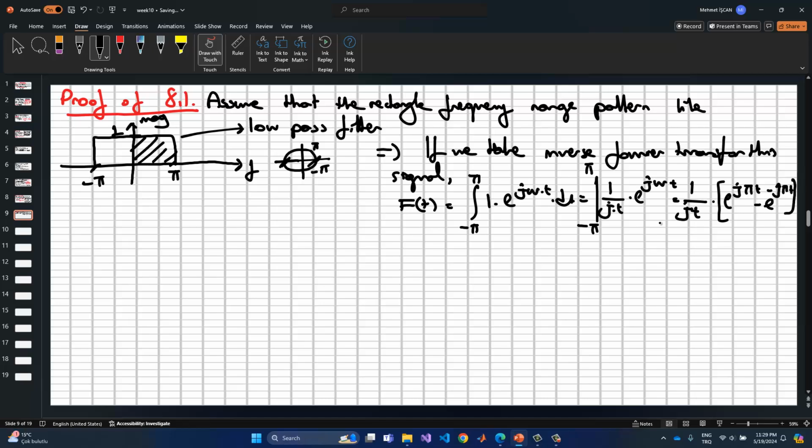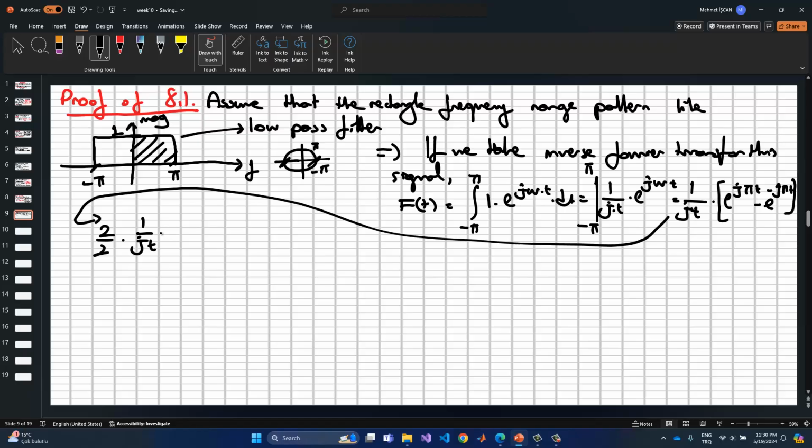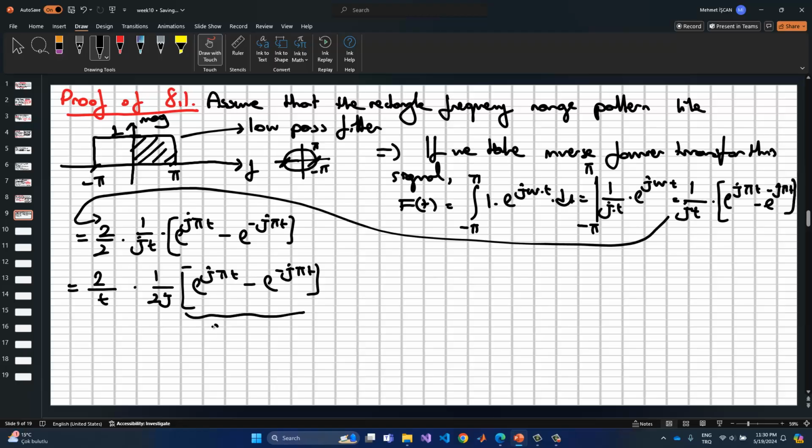These terms can be written as 2 divided by 2 times 1 over jt times (e^(j pi t) minus e^(-j pi t)), which equals 2 divided by t times 1 over 2j (e^(j pi t) minus e^(-j pi t)), and this equals sin(pi t).